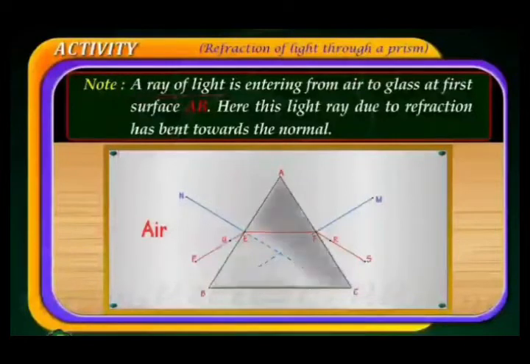Any ray of light entering from air to glass at the first surface AB, due to refraction, bends towards the normal.